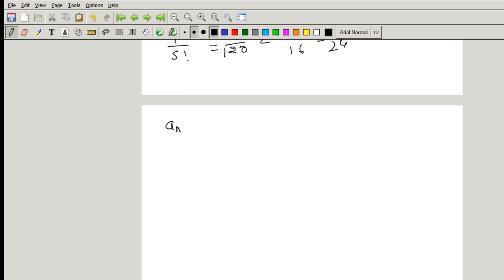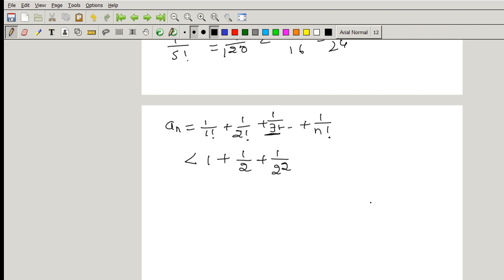a_n is equal to 1 by 1 factorial plus 1 by 2 factorial plus so on plus 1 by n factorial. 1 by 1 factorial is nothing but 1, 1 by 2 factorial is 1 by 2, and this term, 1 by 3 factorial, is less than 1 by 2 square, and the next term is less than 1 by 2 cube, plus so on.